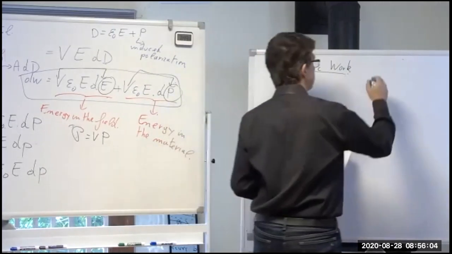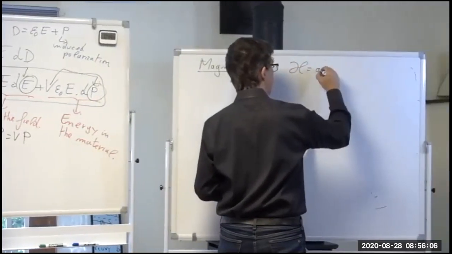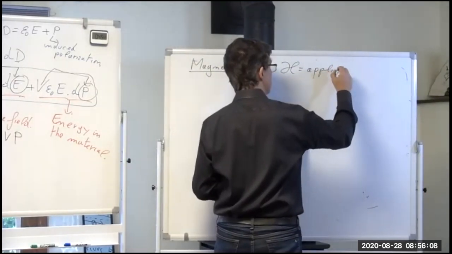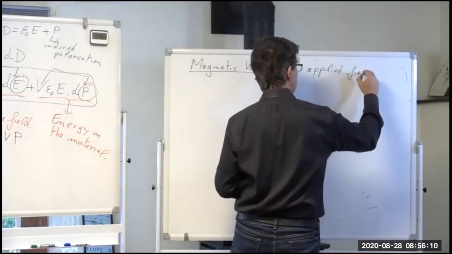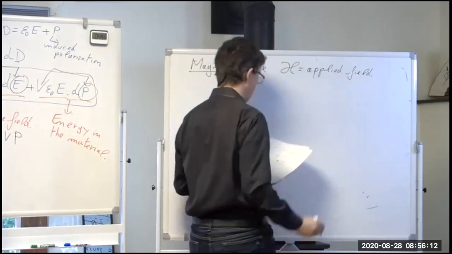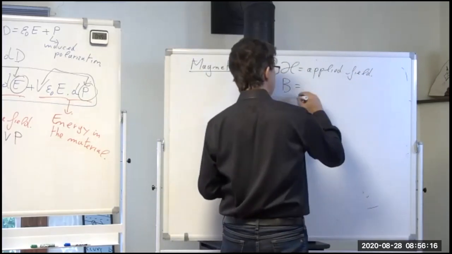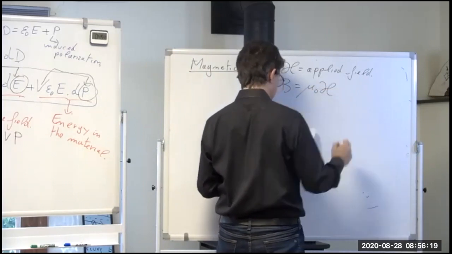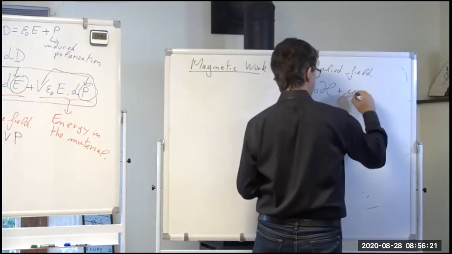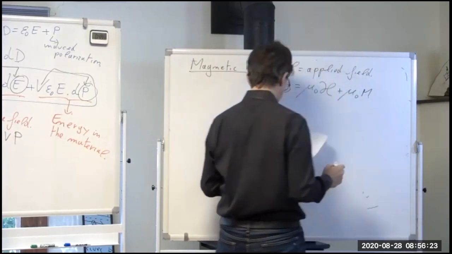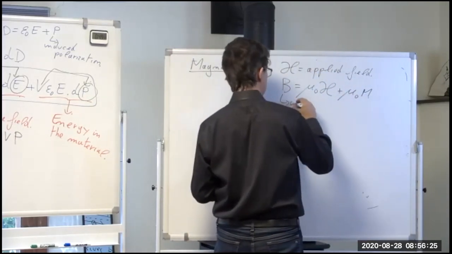In magnetism, H is called the applied field. B is called the induction, which is mu naught times H plus mu naught times M.